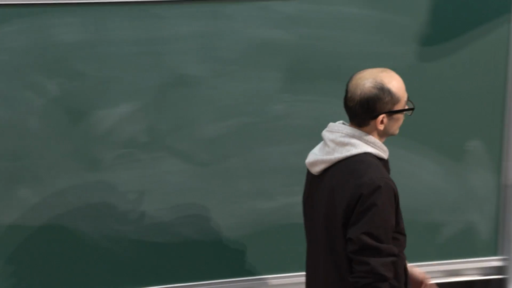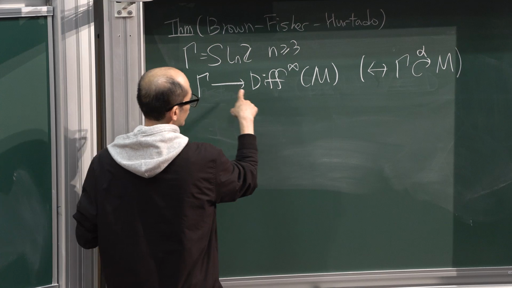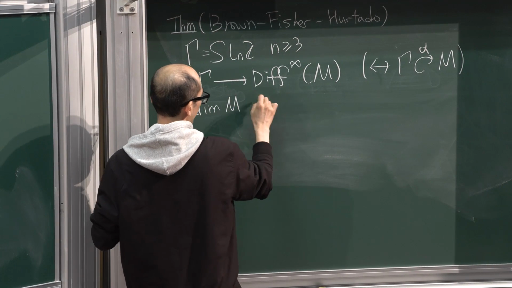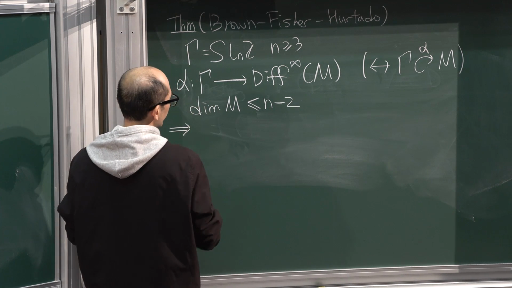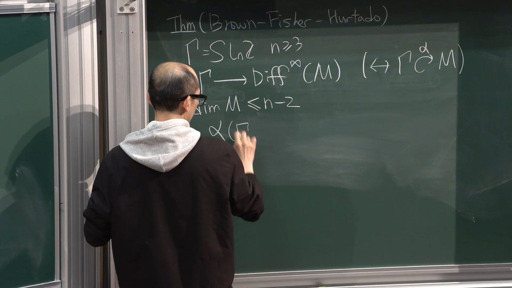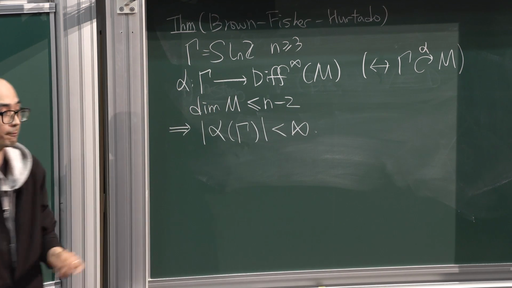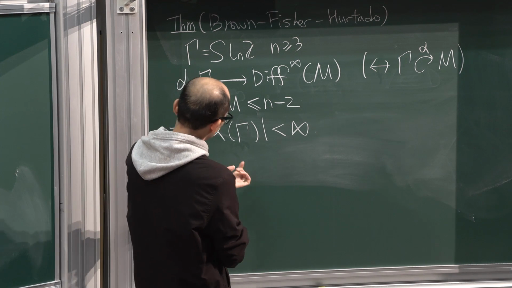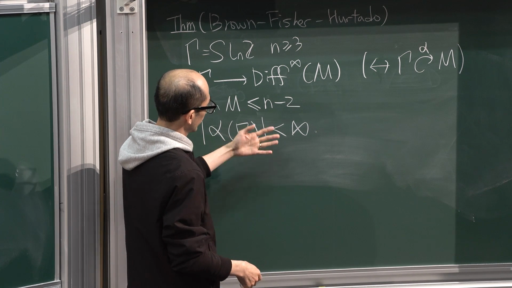And the analogous theorem is like this. If you have a group action on the manifold, and you assume that the dimension of M is less than n minus 1, then the image should be finite. Actually, this means that on a finite index subgroup, you will get the trivial action.